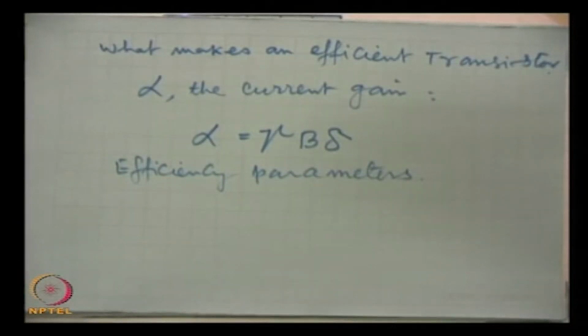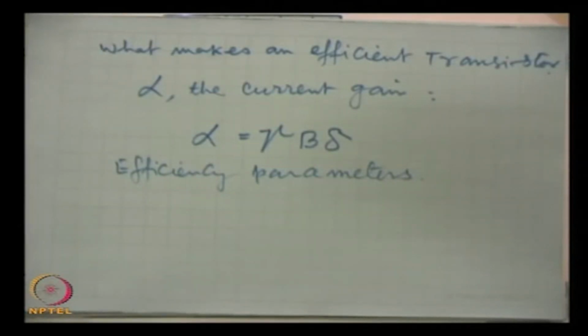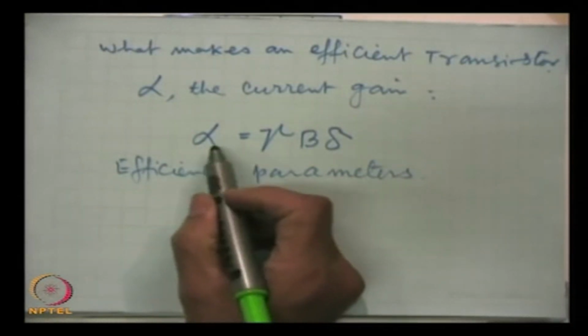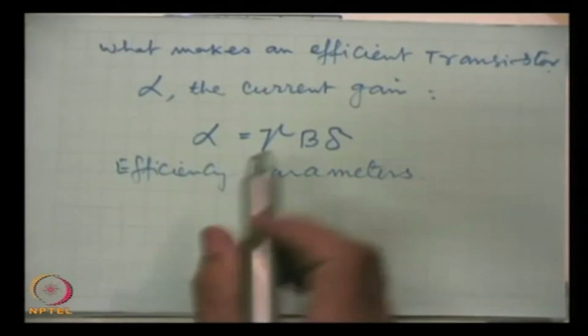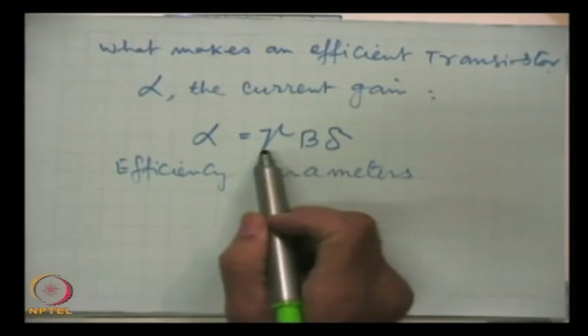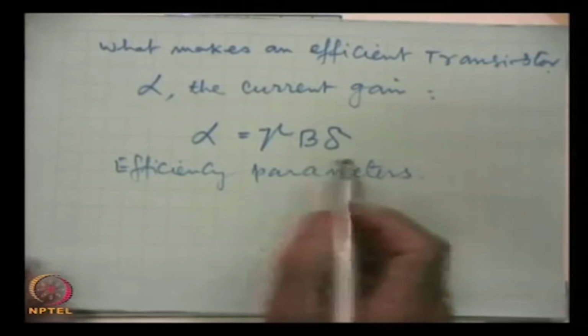We will discuss them one by one. We have said that alpha should be close to 1. That means all these parameters ideally should be unity. Now, what are these?